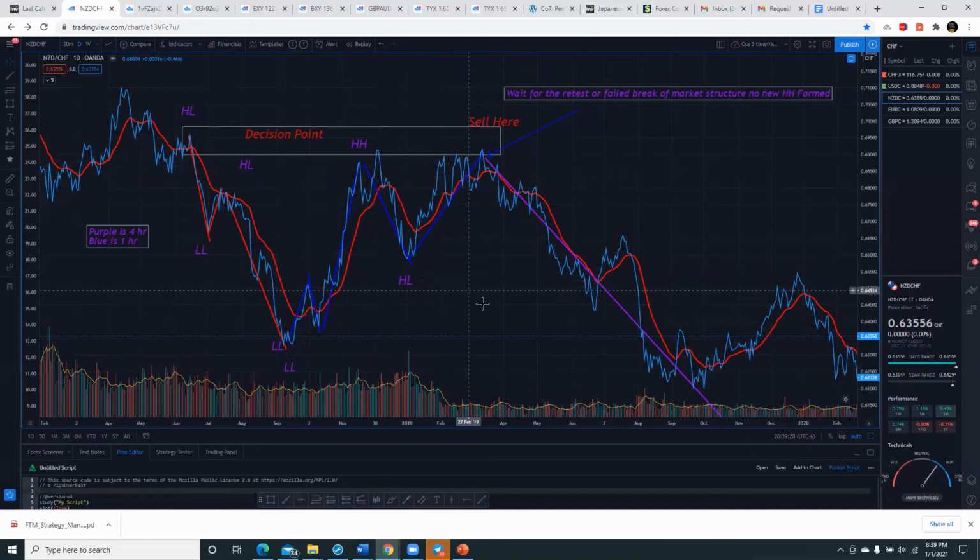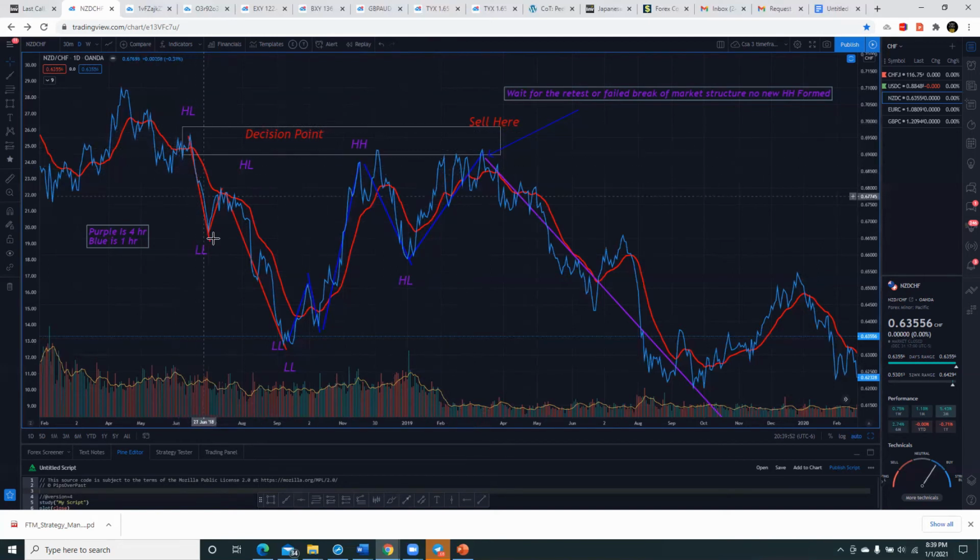One other thing I want to dive into is that when we're looking at the smaller time frames, we always want to keep the bigger picture in mind. This decision point we're analyzing is where the bigger players, the institutional levels, are going to be sitting, either with sell limits or orders waiting to be filled.